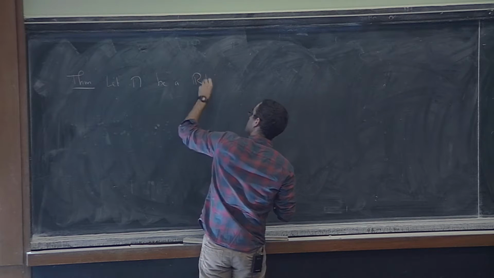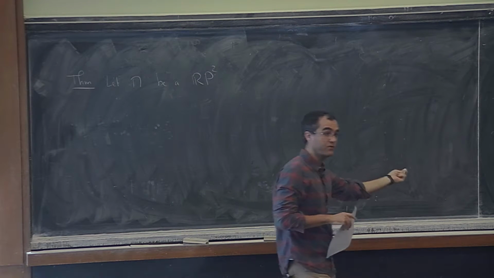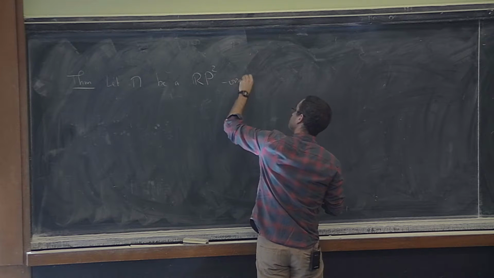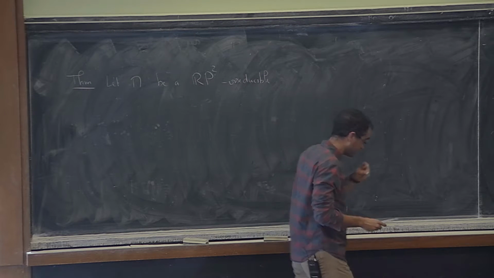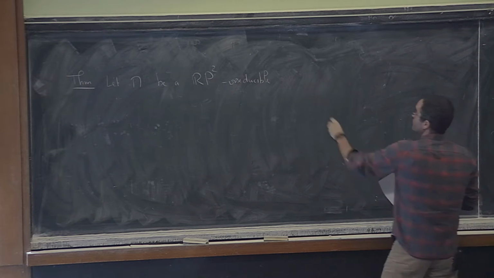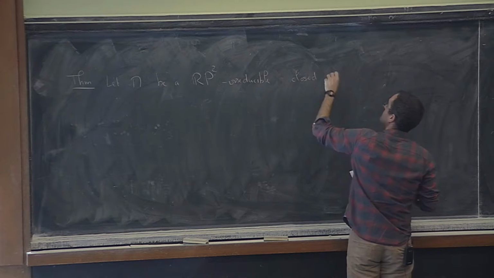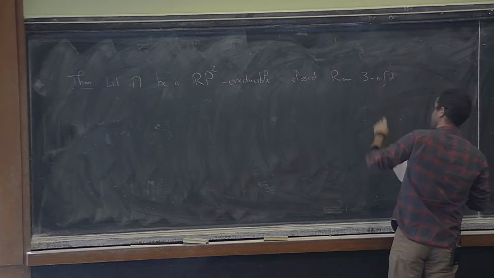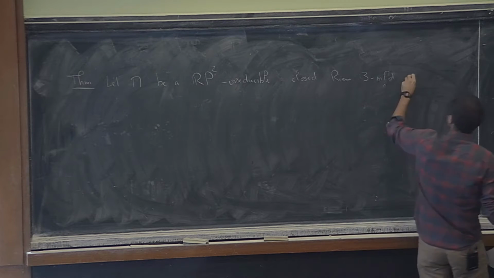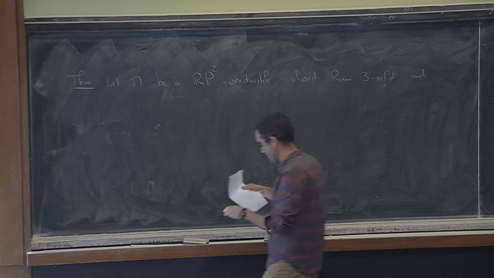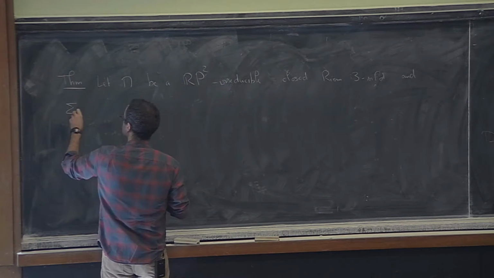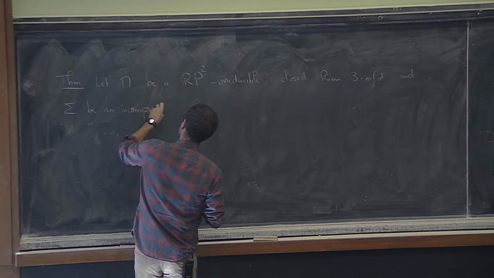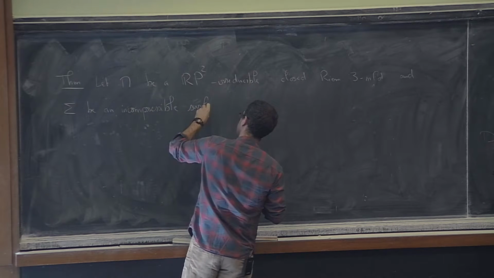There is a topological assumption in order to be sure that what happened in the first theorem does not occur there. So you assume it's RP2 irreducible. And let sigma be an incompressible surface.